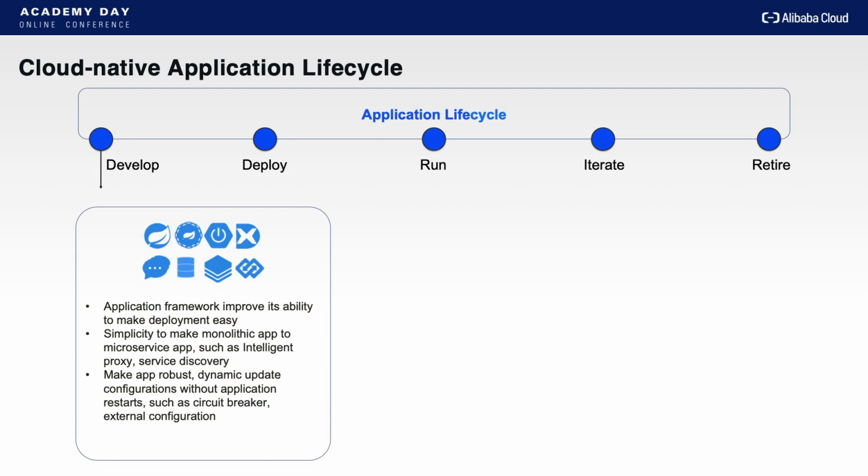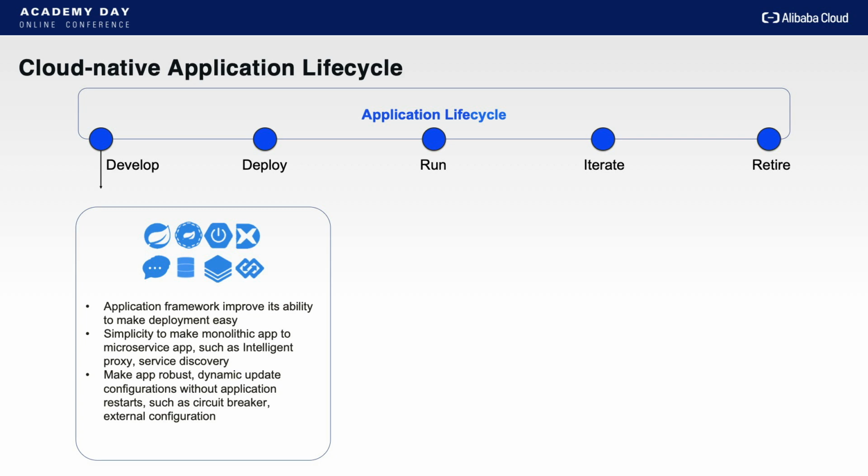Now let's talk about the application lifecycle, from the development phase to the deployment phase, to the run phase and the iteration phase, and until the retirement phase. We start from the development phase.